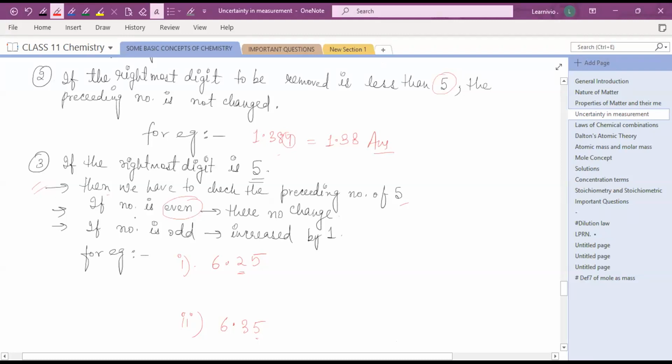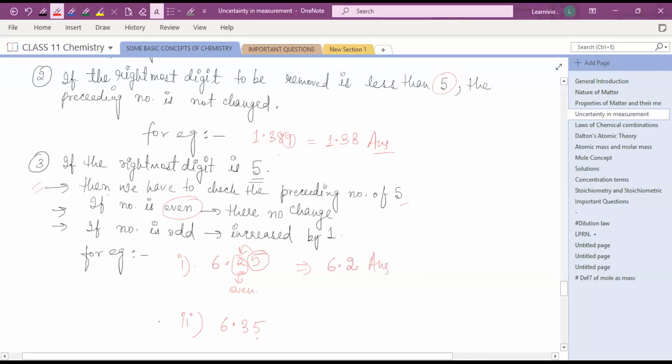If the preceding number is even, there will be no change, right? For example, 6.25. So this is 5, and we have to check the preceding number of 5, which is 2. And 2 is even, right? So there will be no change. Final answer will be 6.2. Clear? Means there will be no change.